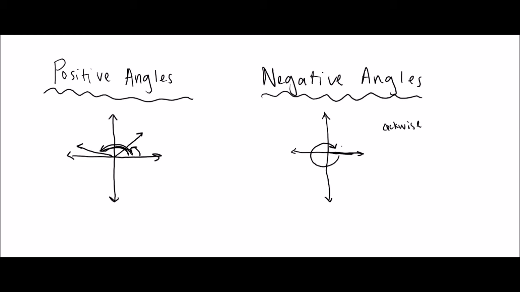If you see a negative angle, all you have to do is move those same number of degrees or radians, but in the other direction. So for example, if I wanted to move negative 180 degrees, I would move to here. This would be my angle down here. If I were to do 180 degrees in a positive angle, it would go this way, and this would be my angle over here.